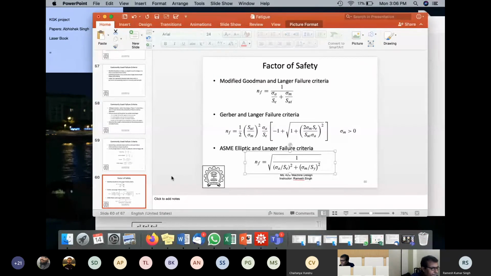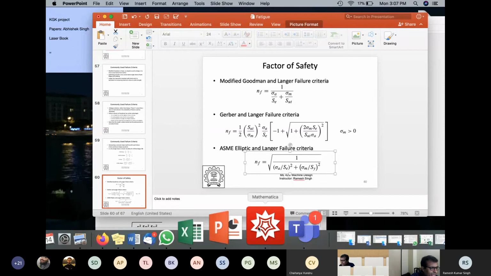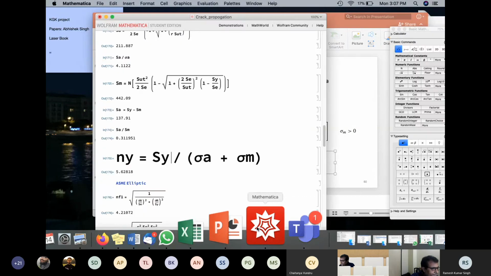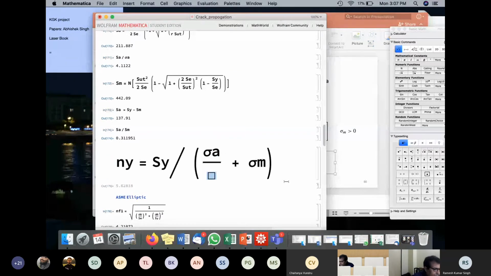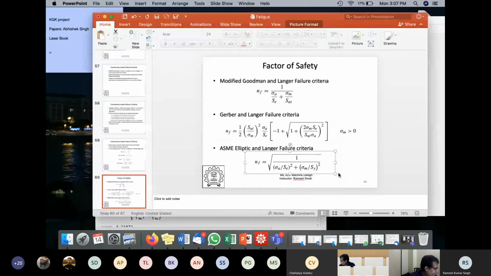Sigma A, let's just plug in sigma A divided by capital S small e, and sigma M divided by SUT, right?